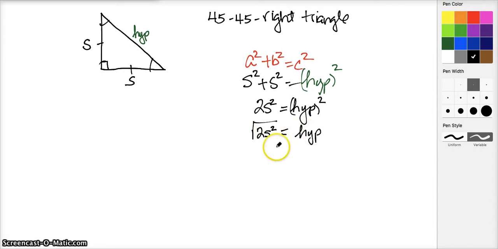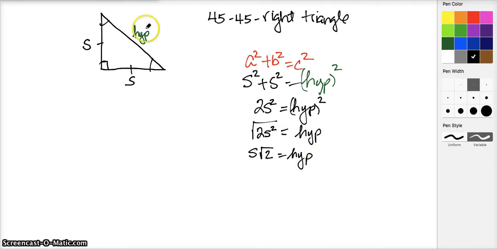I cannot simplify the square root of 2, so I leave it as root 2. But the square root of s squared is s. So my answer is s root 2, and that's the length of the hypotenuse.